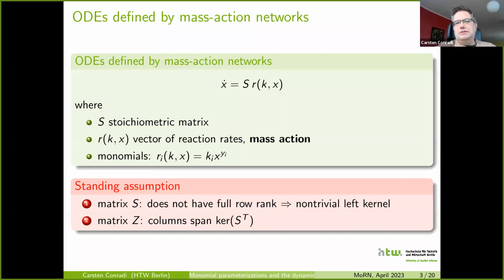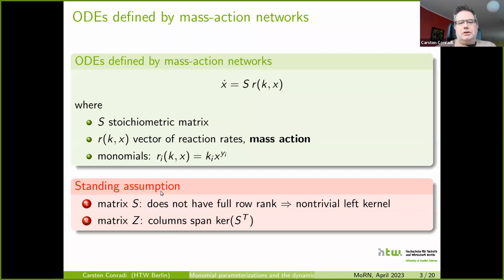This is a matrix that usually contains integer numbers, and a vector R of reaction rates, which is a vector of monomials in the unknowns K and X. And the monomials are of a very special form. They are linear in the Ks. These Ks are the rate constants, one set of parameters that one can consider when studying these systems.